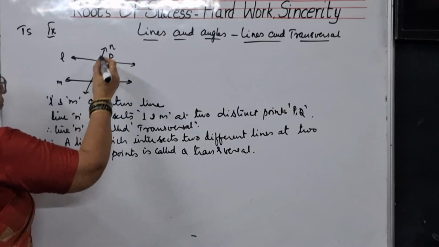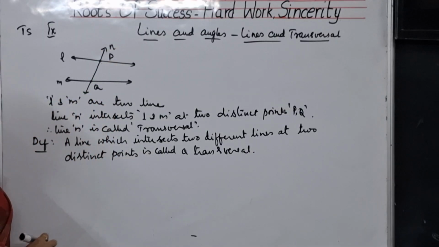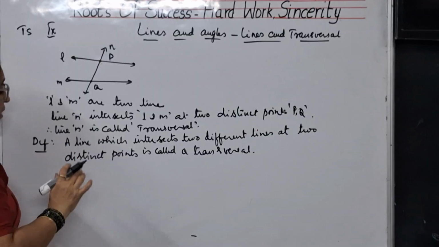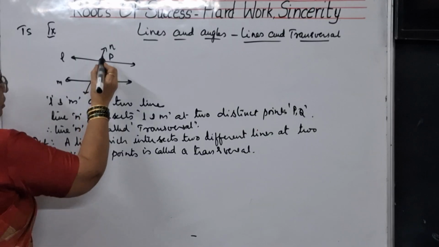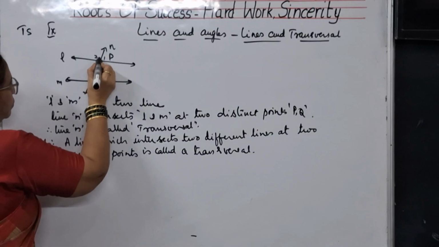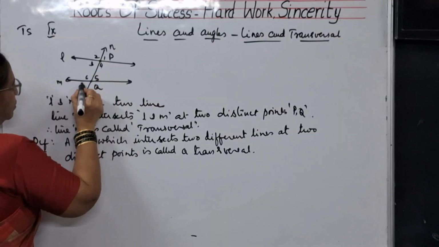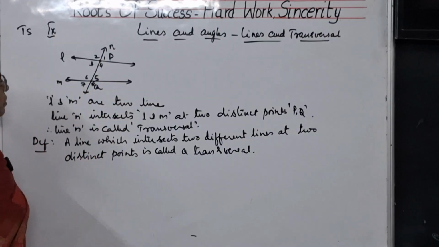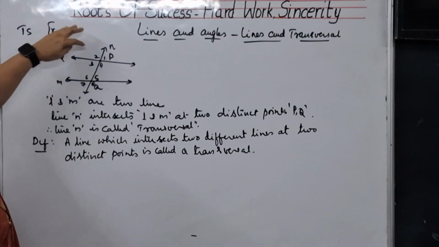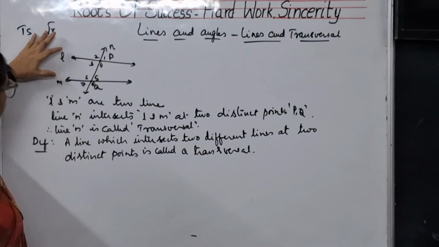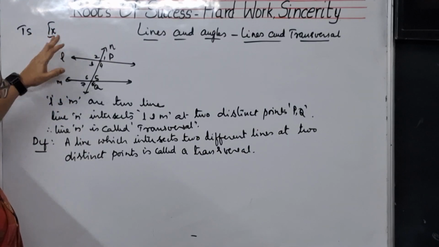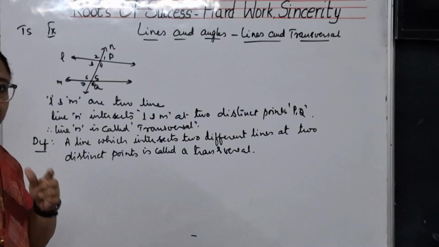Now, because of this transversal, 8 angles are formed here. See, 1, 2, 3, 4, 5, 6, 7, 8. Totally, when a transversal intersects two lines, it makes 8 angles.